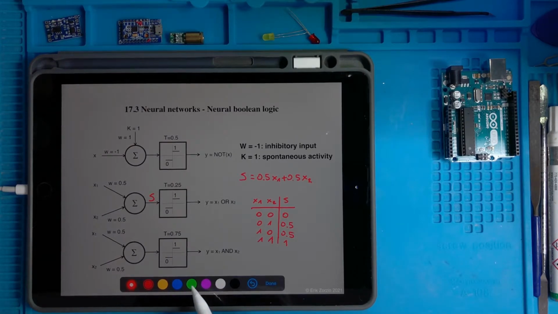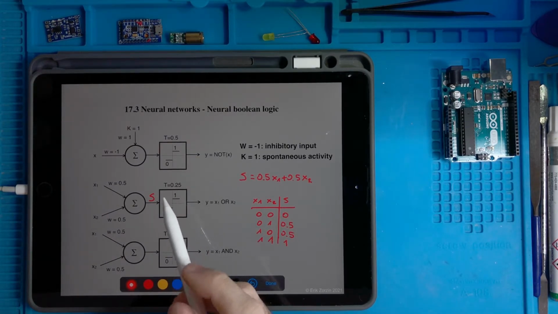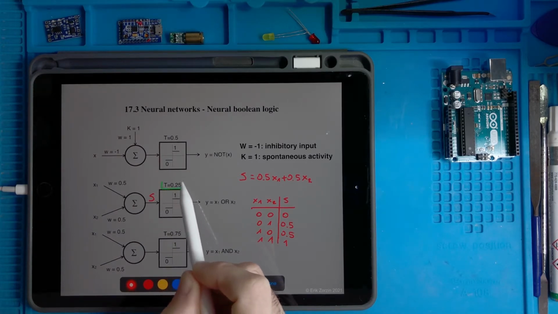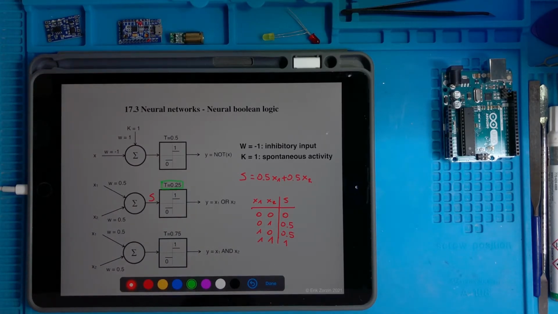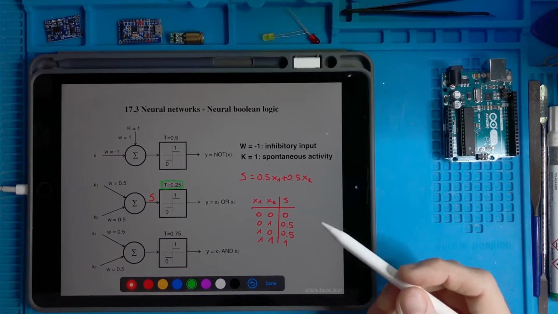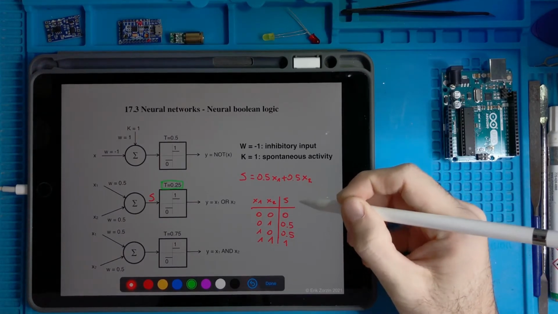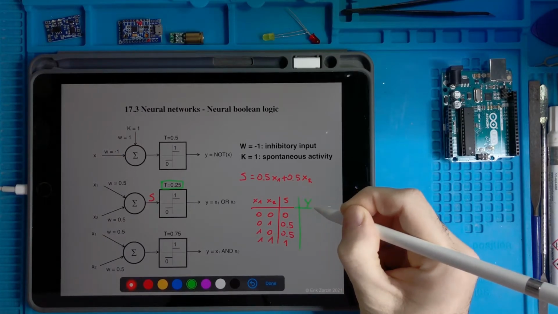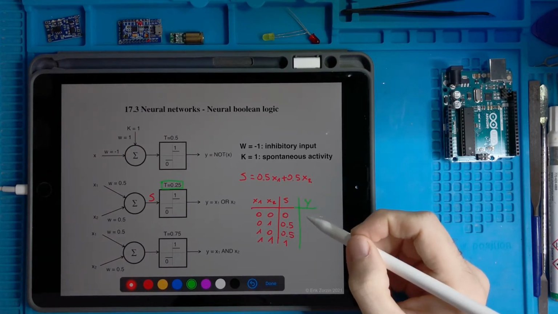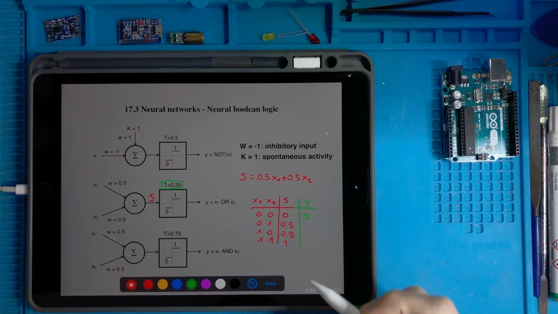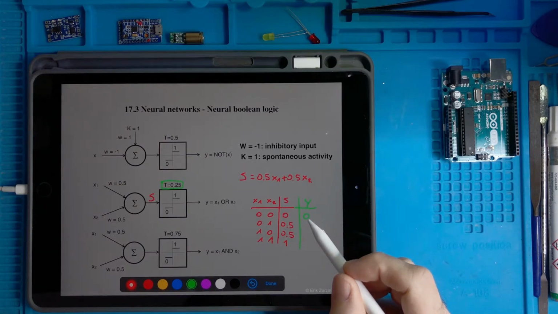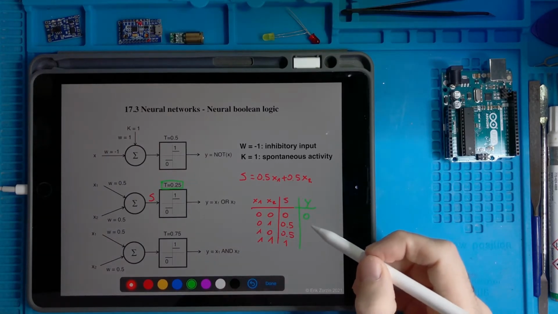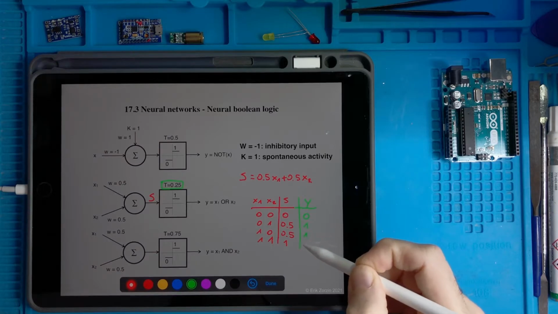So now you see that if I put a threshold, for instance, at a level 0.25, let's say above 0 but below 0.5, then with that threshold, if I consider the output, here the value of s is below the threshold, so the output is 0, and here it is 1.